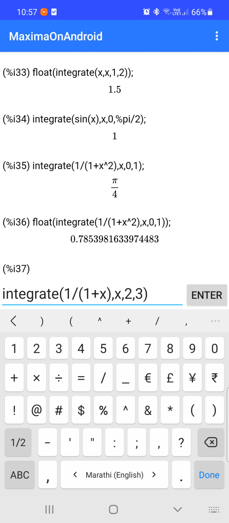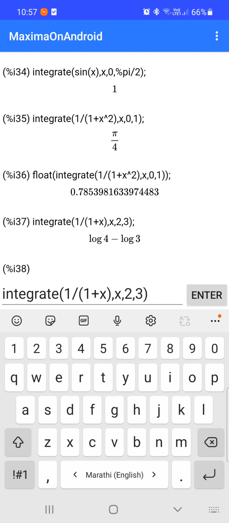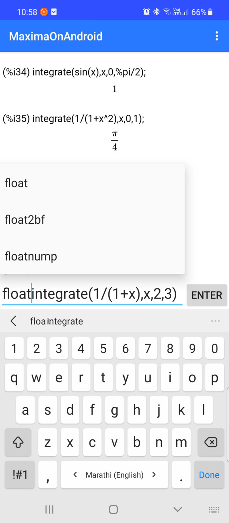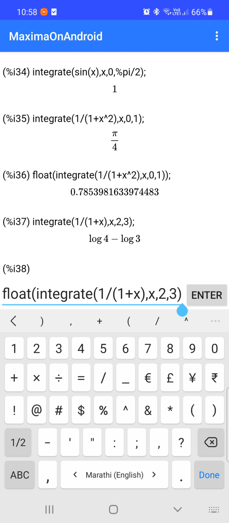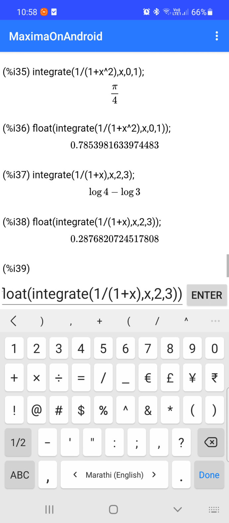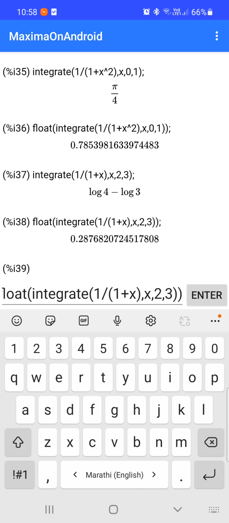Okay, to enter this you can see here log 4 minus log 3. Again you can simplify this, just add the command float, and you get the answer 0.2876. Hope you understand this.